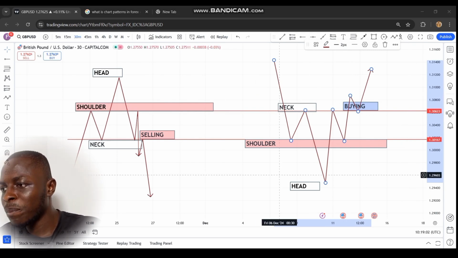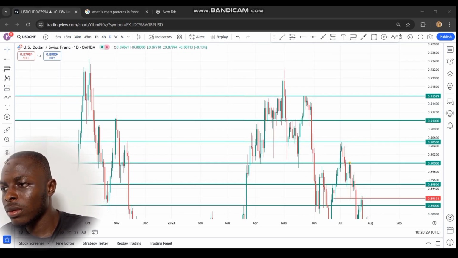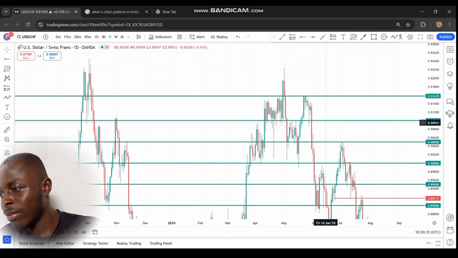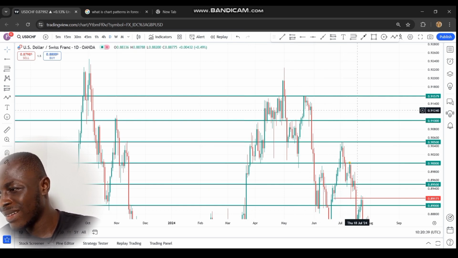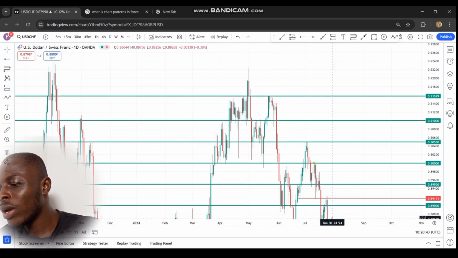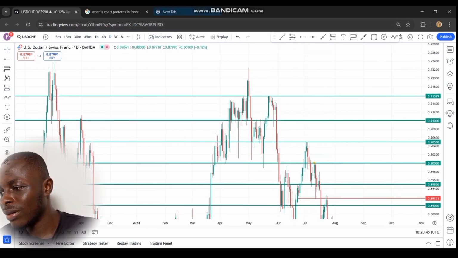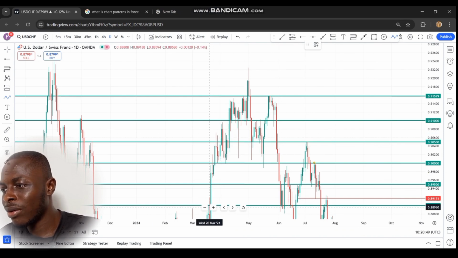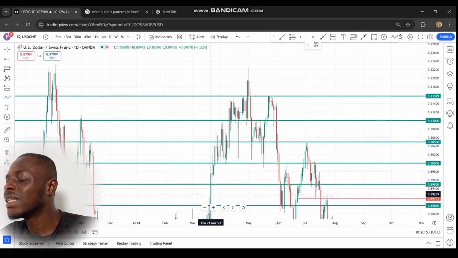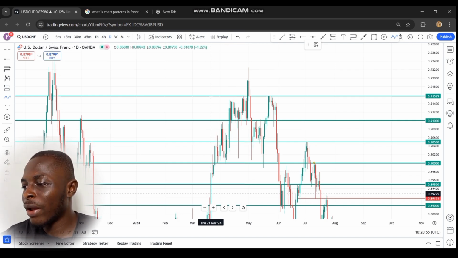As price got here, you notice that price came up again and broke through this next zone, came back and then retested the next zone again, and then went all the way down, over 615 pips. So you understand that this next zone is very important.